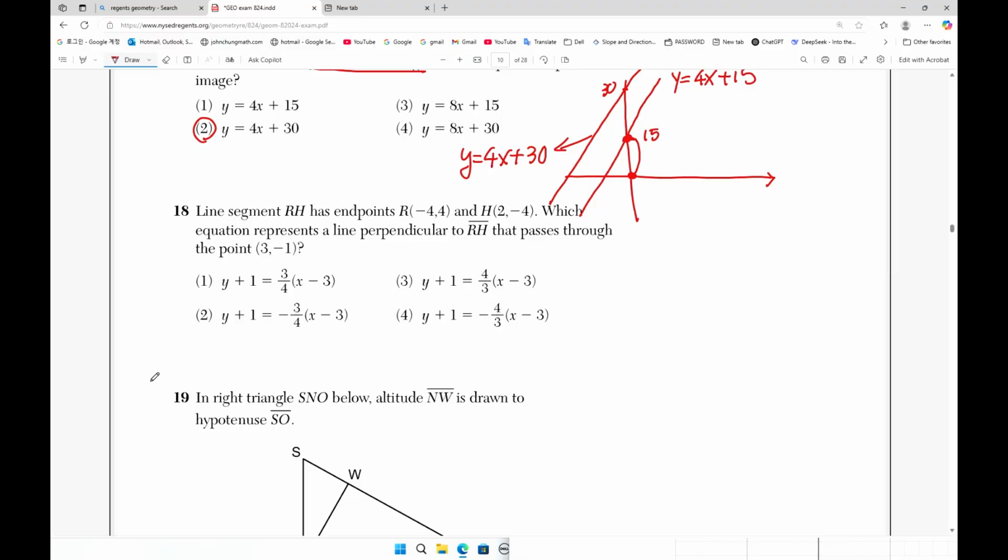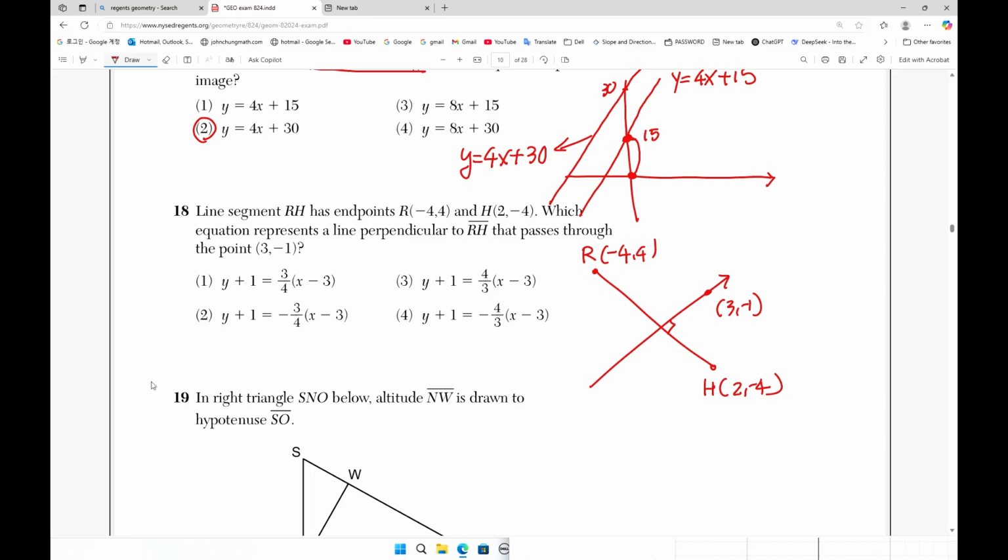Okay, R is over here, (-4, 4). H is over here, (2, -4). But they have a perpendicular line, and it passes through something like this point, about (3, -1), something like that, right? We're going to find this one. They are perpendicular.